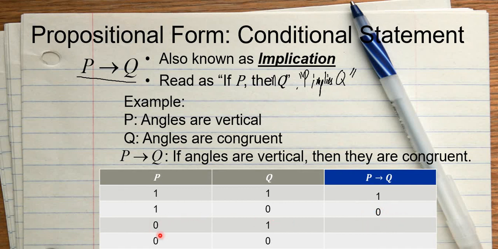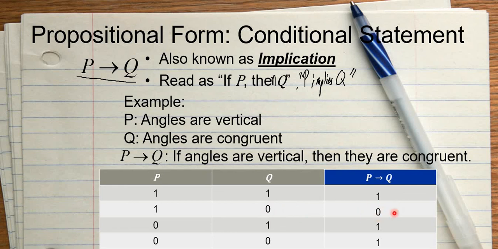Now, if the first statement P is false and implies something that is true, that is still true. While if something false implies something false, that would still be true. So the only time that a conditional statement, an implication, will be false is if something true implies something false. It's the only time that it will become false.